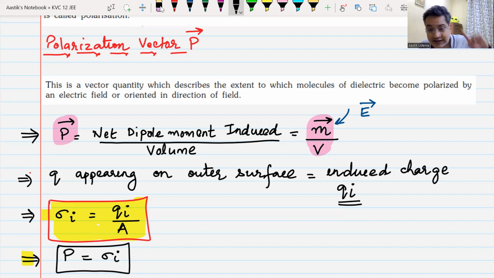The direction is the same as the direction of the electric field. And therefore you can understand the SI unit of this polarization vector, a very important term: the SI unit of the polarization vector will be coulomb per meter square. Do we understand this?